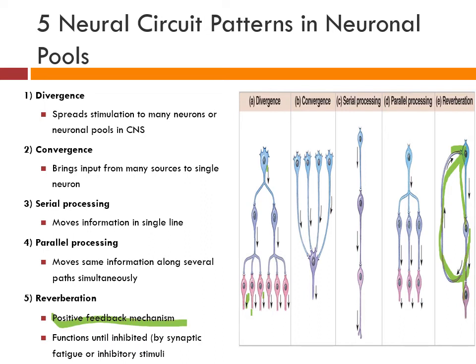So when these are functioning, they're going to continue to stimulate the first neuron and continue to send the same signal. And these are going to function until they are inhibited by either some inhibitory stimulus, like an interneuron coming in and interrupting that signal, or by synaptic fatigue, where they've released all of their neurotransmitters and they have not been able to reassemble additional transmitters to continue to fire.